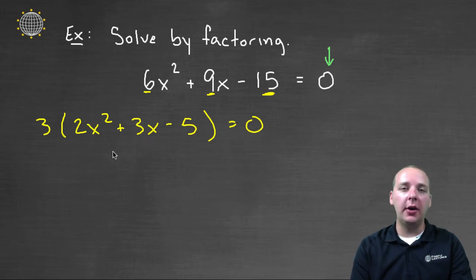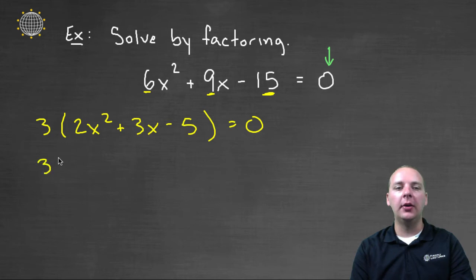Now, I don't really care how you factor this quadratic. You can do trial and error, you can factor by grouping, you can do whatever you want. This one is small enough. I think I'm just going to do this one with trial and error. So a leading 2x squared, there's really only one way to get 2x squared. If you FOIL two binomials, the only way to get 2x squared would be 2x times x.